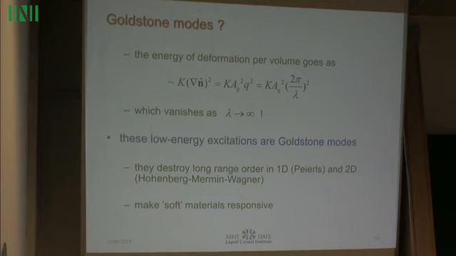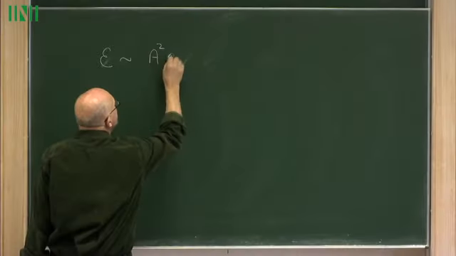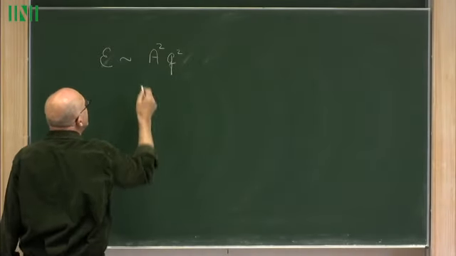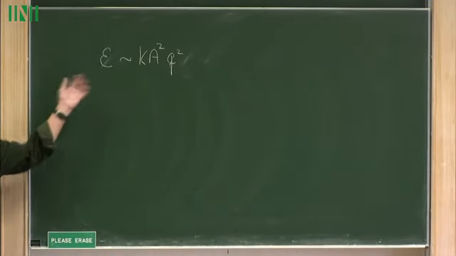And this has sort of interesting consequences, because if you have a sinusoidal deformation field, then the deformation energy will go as the amplitude squared, and if you have a wave vector q, then it will go as q squared, and of course we have some elastic coefficient.